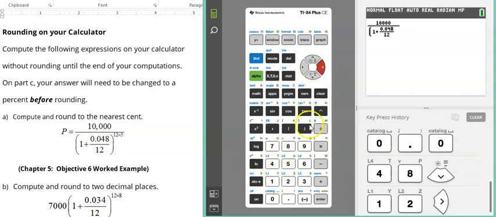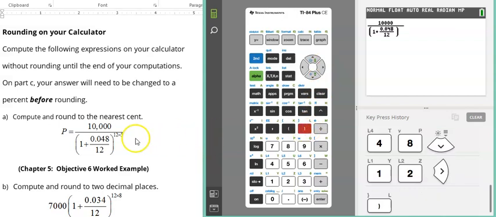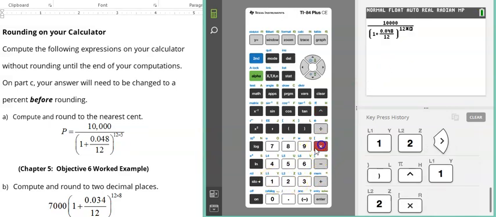Move to the right to close the parentheses. And now we need an exponent with 12 times 5. So this caret key gives this little box as an exponent, and we'll multiply 12 times 5.